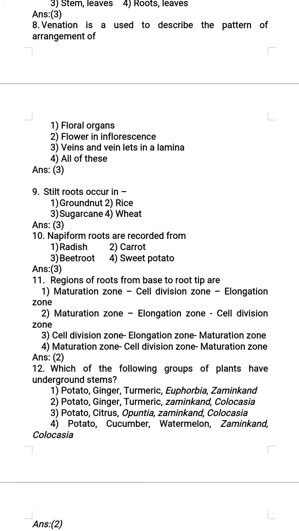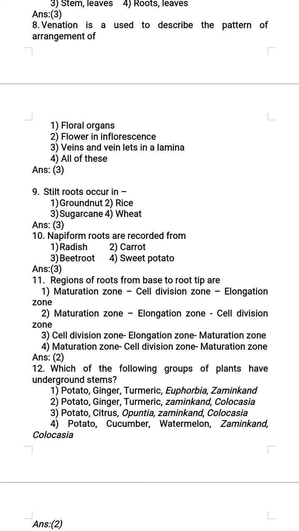Next, 9th question, students. Still roots, students, in the previous video we had a discussion. Still roots which get the support from the soil. Example like in groundnut, rice, sugarcane, wheat. So the correct option is nothing but option 3, sugarcane. Why sugarcane?